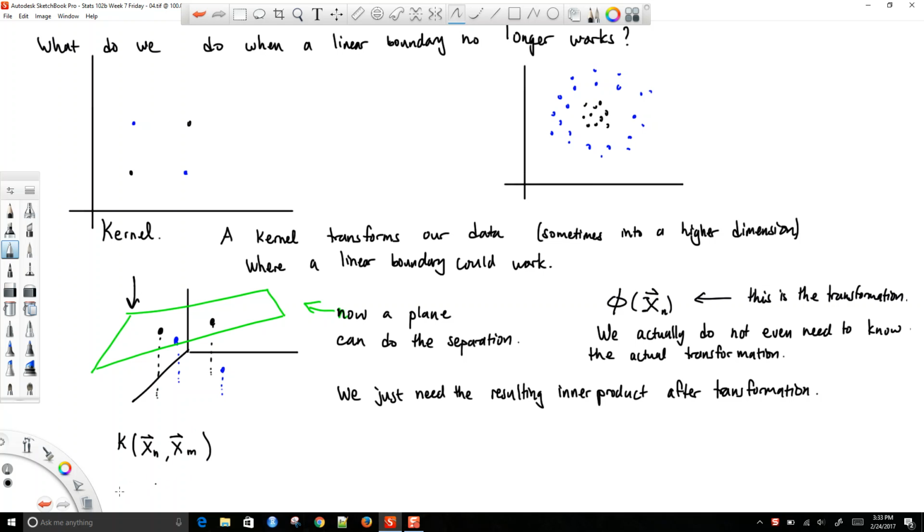This is a function applied to two points, and what it returns is the resulting inner product of the transformations.